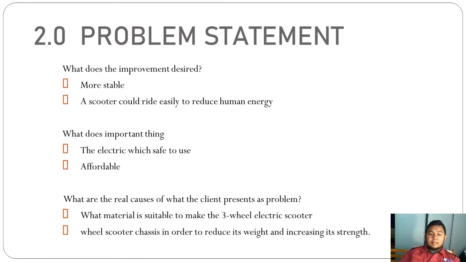Next, we want to focus on the important things. Firstly, we want an electric scooter which is safe to use and reduced in cost, really affordable. And thirdly, what are the real causes of climate change, etc.